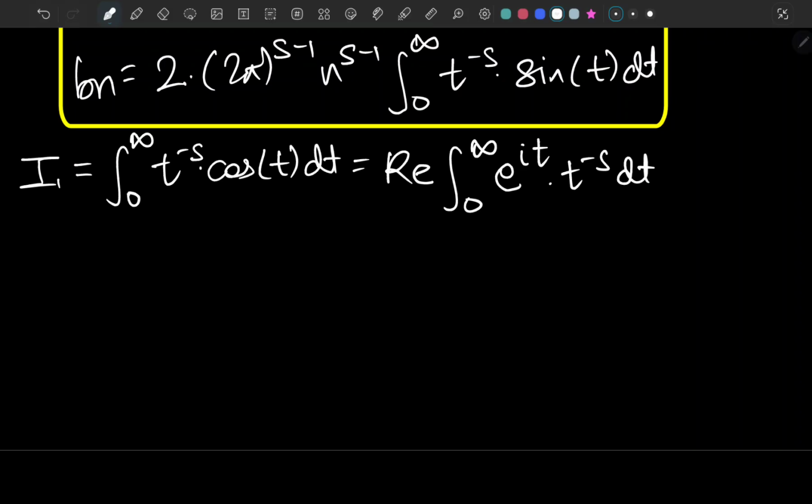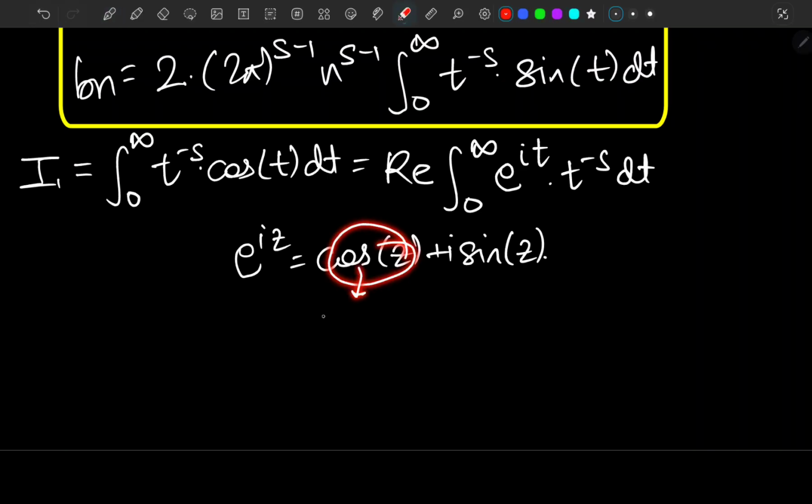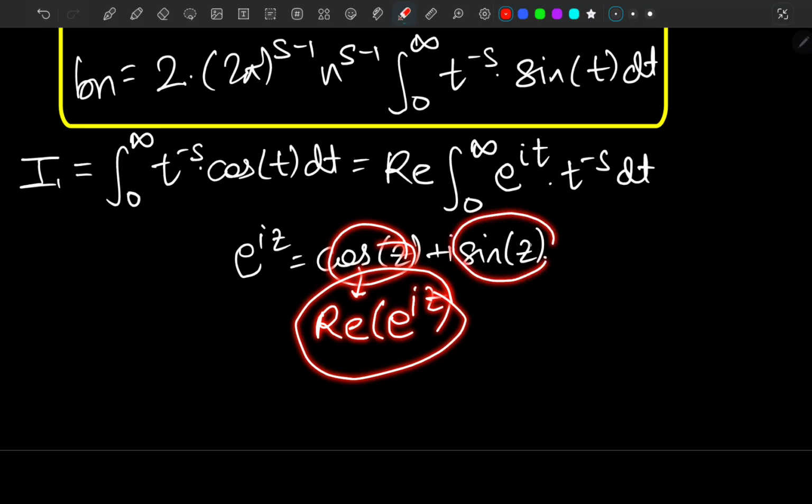And how did I do that? We know that e to the I z equals cosine of z plus I sine of z. So the first part is known as the real part of e to the I z, and the part including the I is known as the imaginary part of e to the I z.